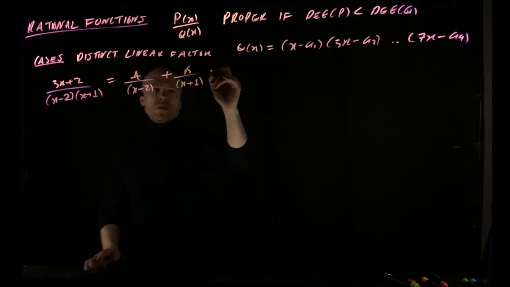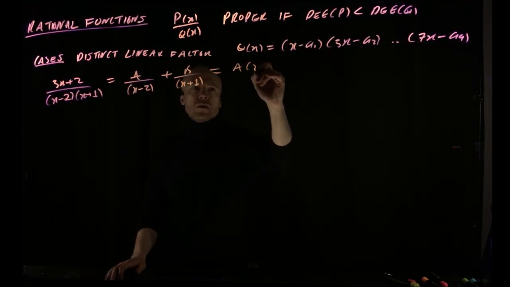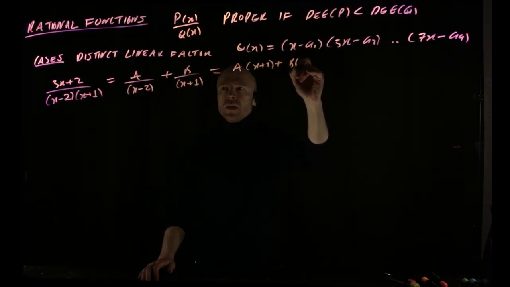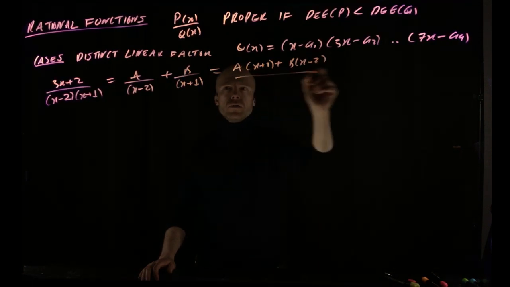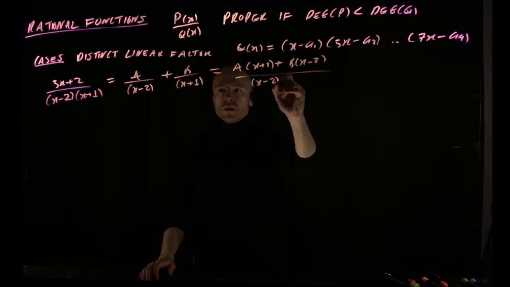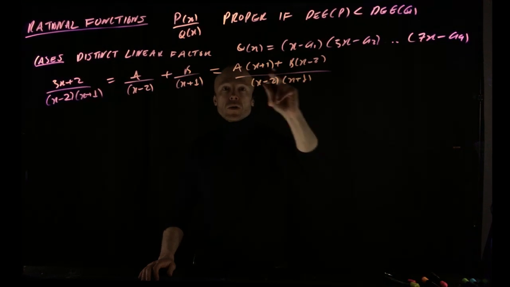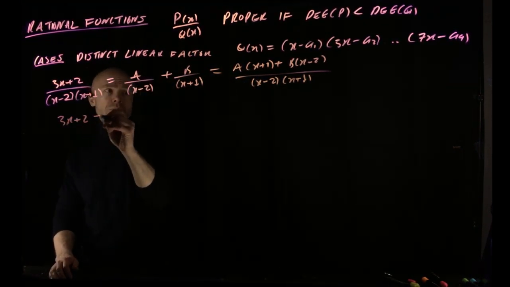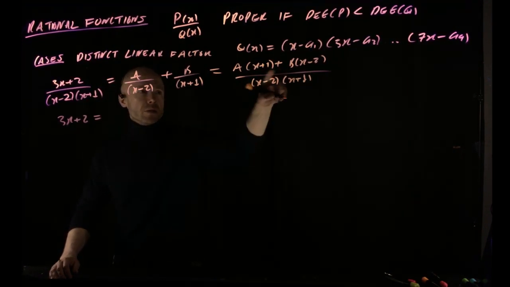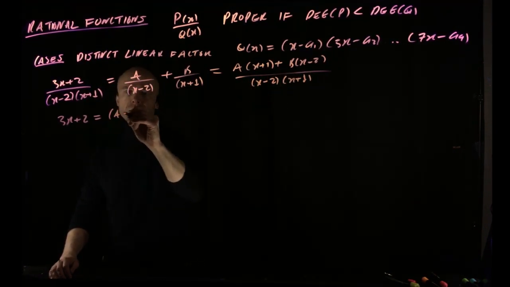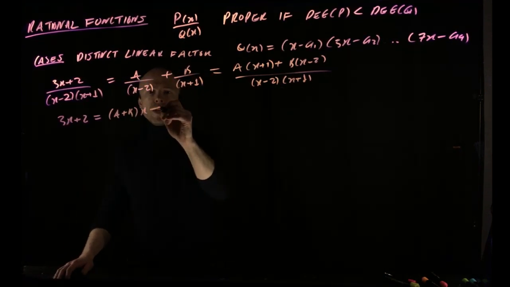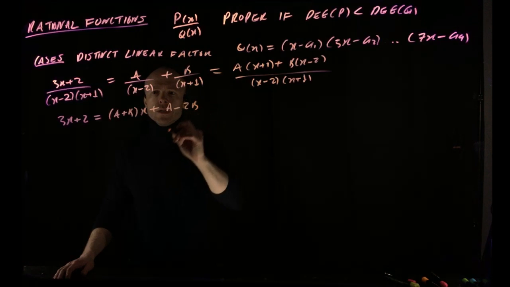Then we'll make a common denominator, a of x plus 1 plus b of x minus 2 over the common denominator, and then we'll get rid of it and get equality of the top. So we're going to have 3x plus 2. Put together all the powers of x, so we're going to have a plus b of x, and put together all the constants, we're going to have a minus 2b.